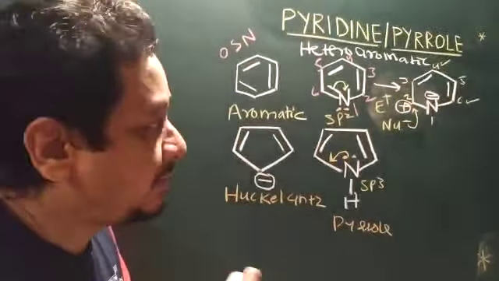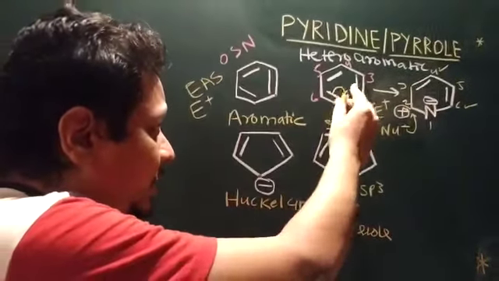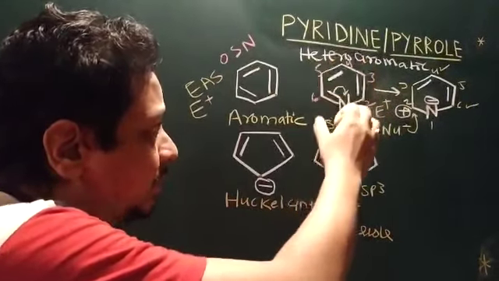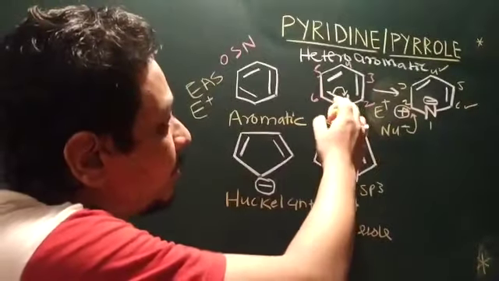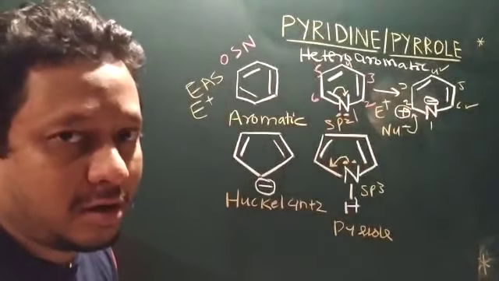Now, altogether, benzene is very good for electrophilic aromatic substitution. Those who have seen our video on EAS and NAS, please refer to that video. Why does benzene give electrophilic aromatic substitution? Because the pi cloud is intact. In order to participate in the reaction, the pi electron has to be given to any electrophile coming towards the benzene. But the problem in pyridine is that the pi electron density is reducing, because the nitrogen is pulling the pi electron towards itself.